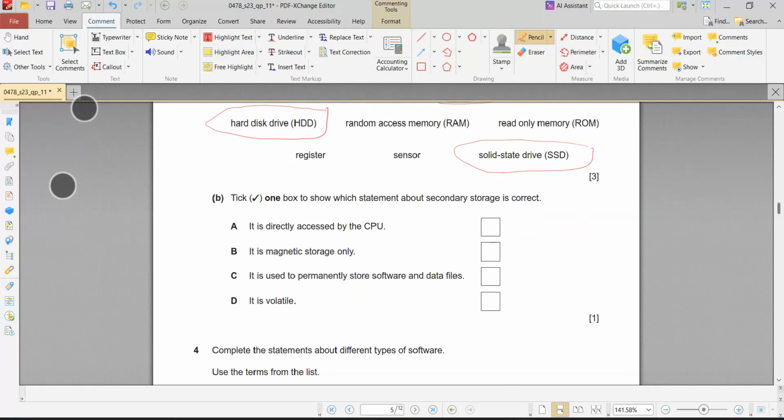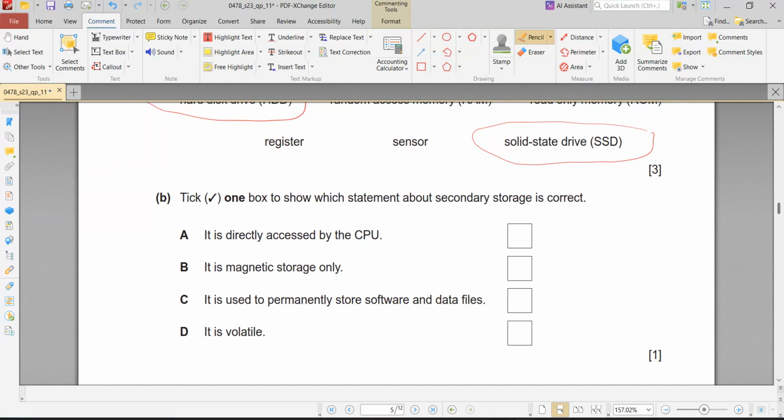In the next question, it says tick one of the following statements which is correct about secondary storage. A, it is directly accessed by the CPU. B, it is magnetic storage only. C, it is used primarily to store software and data files.